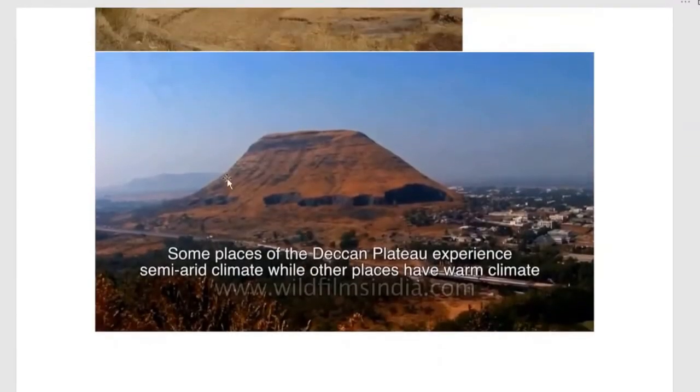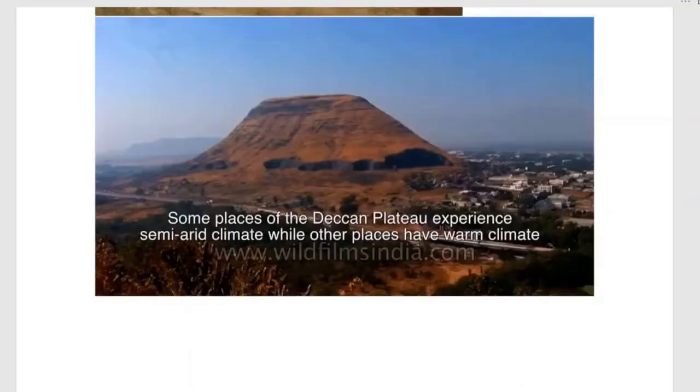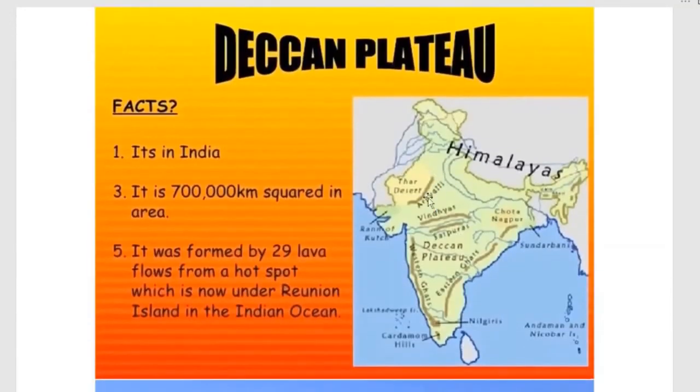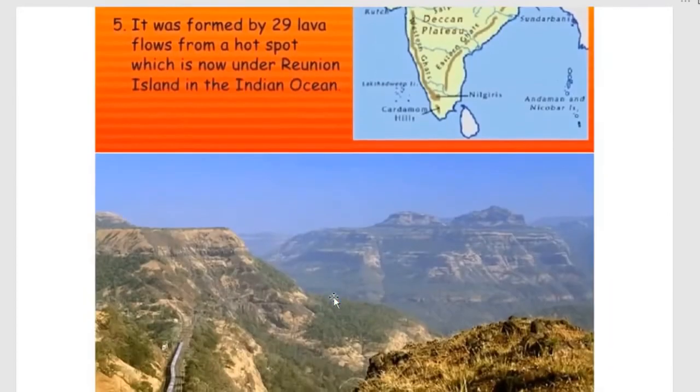And here the climate is semi-arid and warm, and the temperature rises from 40 to 45 degrees centigrade, and the climate is mostly warm. And how much area is occupied by the Deccan Plateau? That is 700,000 square kilometers.